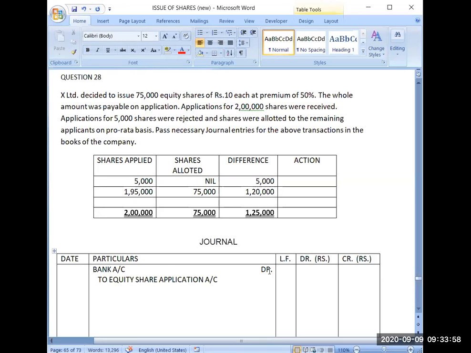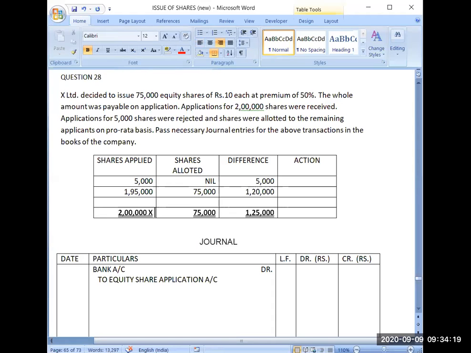Now the total number of applications is this one, multiplied by the application money per share.